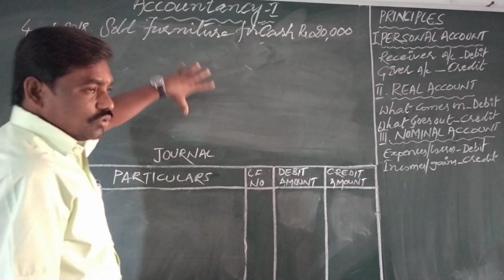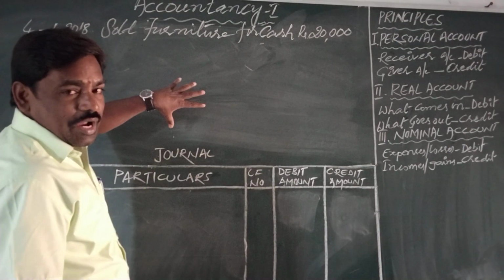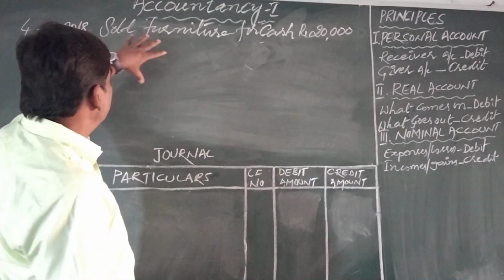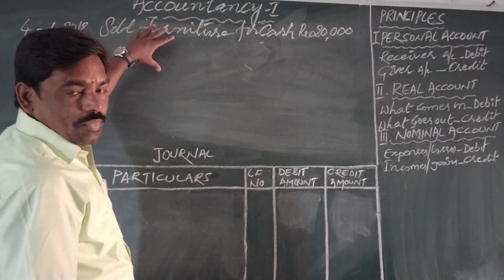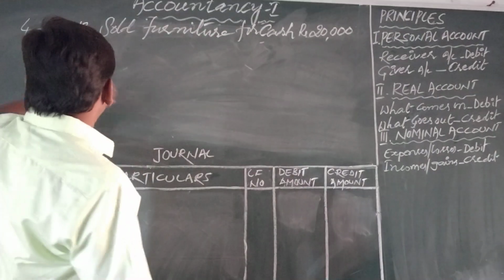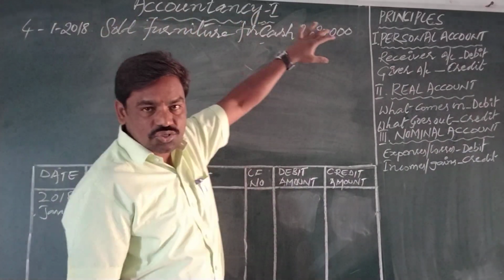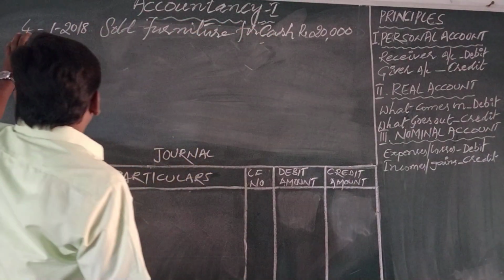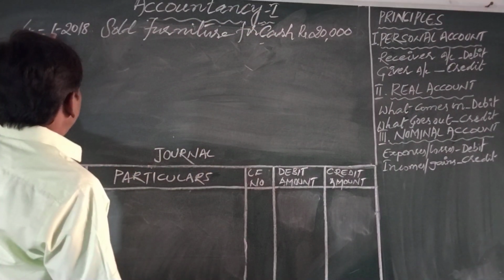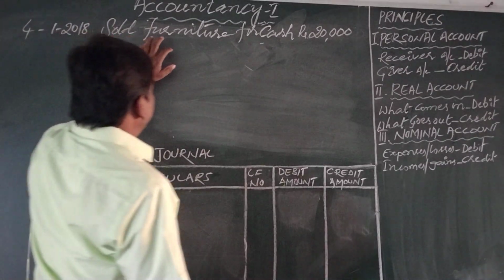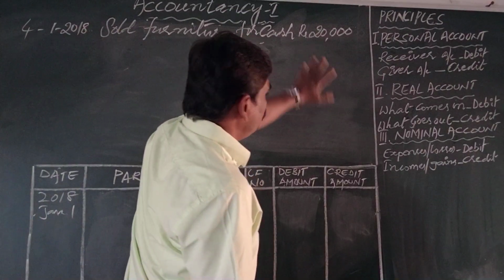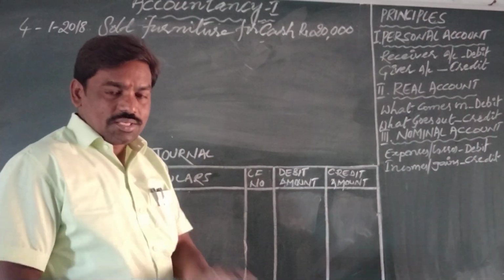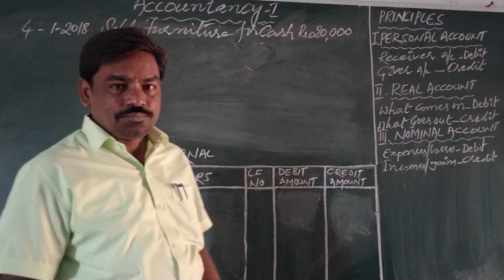Observe how I am going to find the debit and credit account in this given business transaction. First, read the business transaction. What is the business transaction here? See, on 4th January 2018, sold furniture for cash rupees 20,000. It is the business transaction.